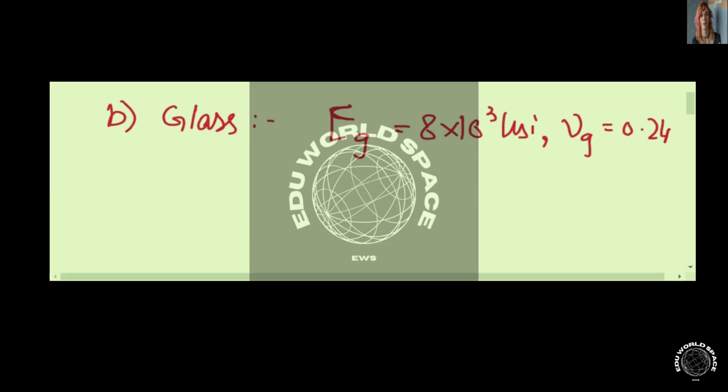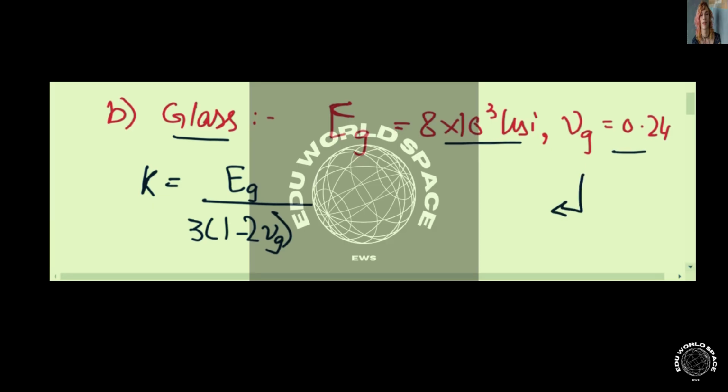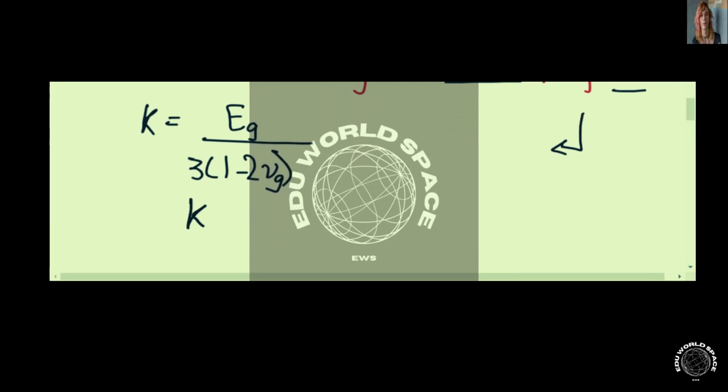Now we have the expression for bulk modulus, K is equal to E divided by 3 into (1 negative 2 epsilon). For glass, it would become E sub g and epsilon sub g. So just substitute these values over here and we'll have our answer.